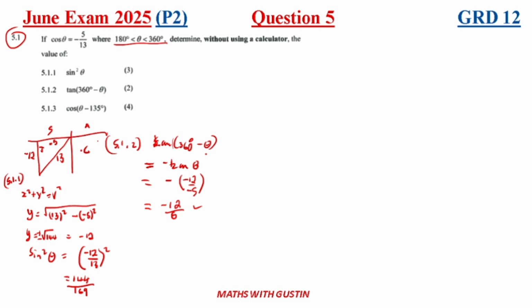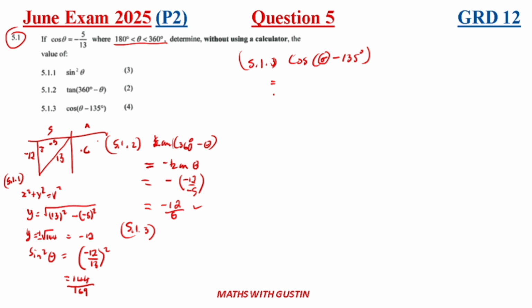So 5.1.3, let's write it here. It's cos of theta minus 135. Okay, so now here we're going to have to use compound angle.